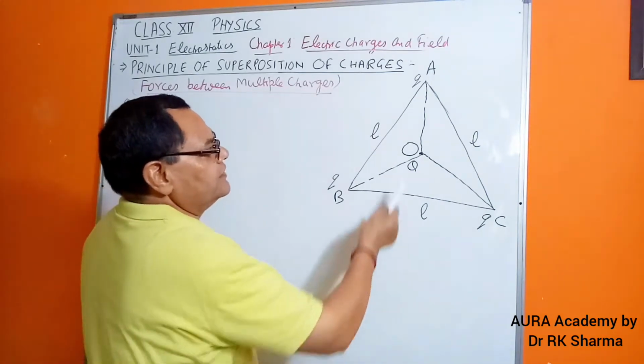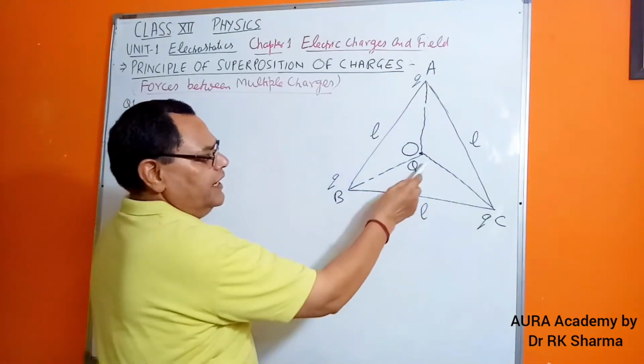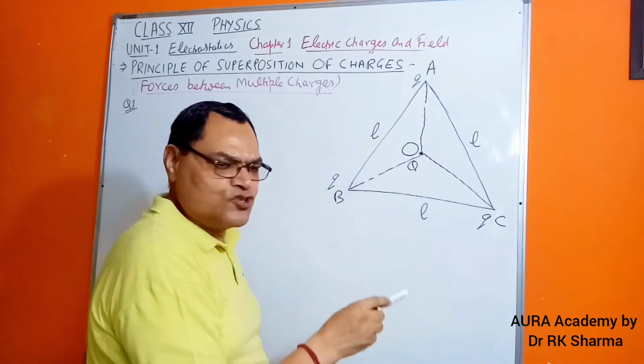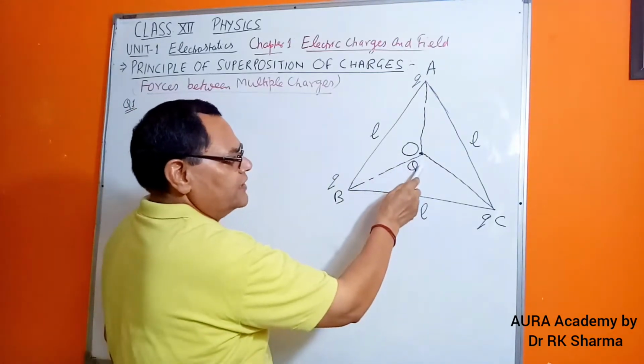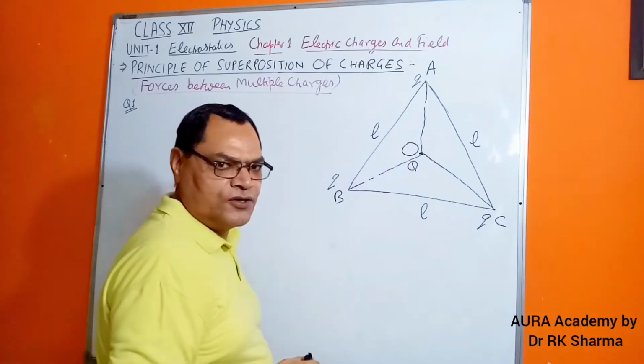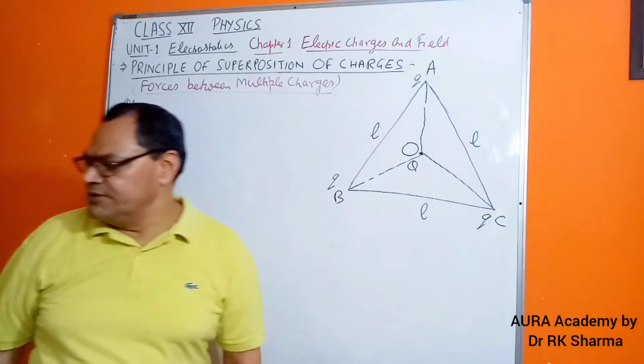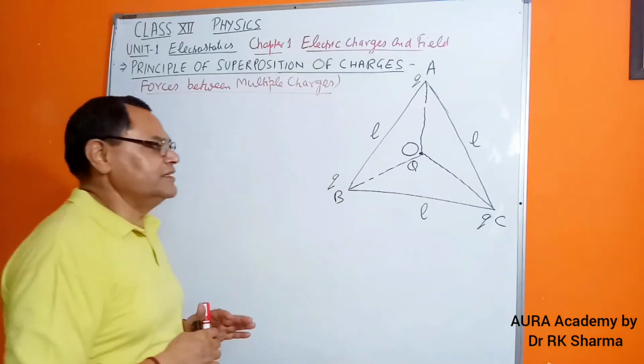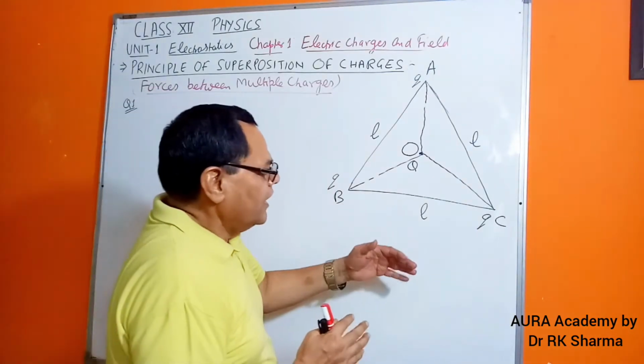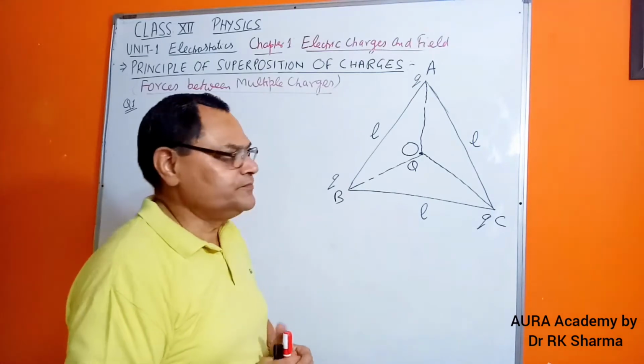So there are a number of point charges, and the point under consideration for which we calculate the force is a capital Q charge at the centroid O. The solution is very easy, nothing to worry about, but the idea is how to understand and how to proceed.